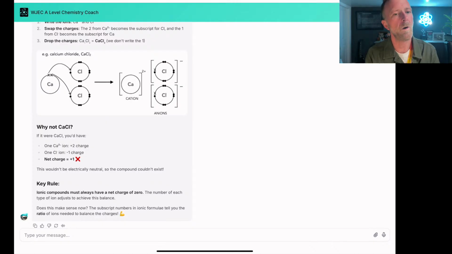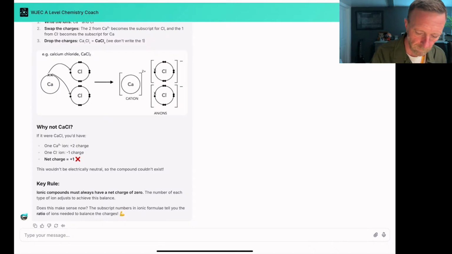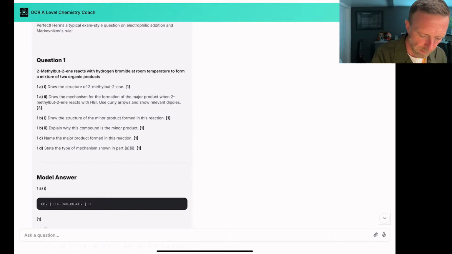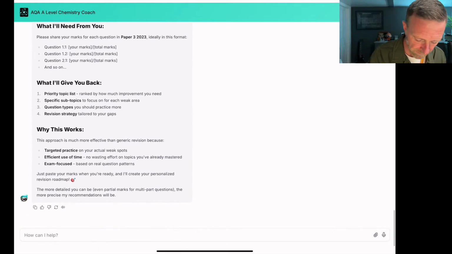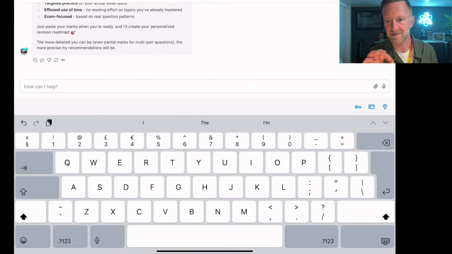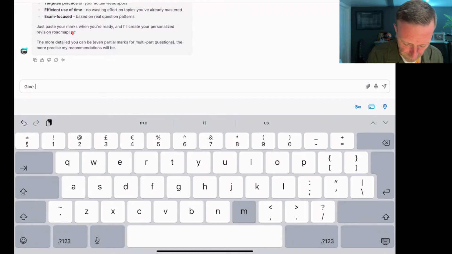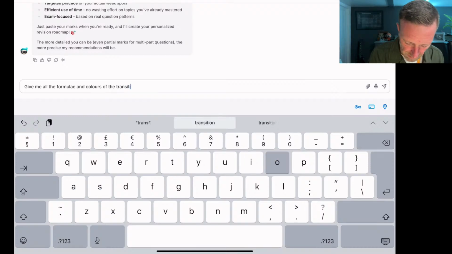So what else can we do with this? Well, what about if I go to AQA, and this is the acid test. This is absolutely the acid test. So let's say: give me all the formulae and colours of the transition metal complexes that I need to know.